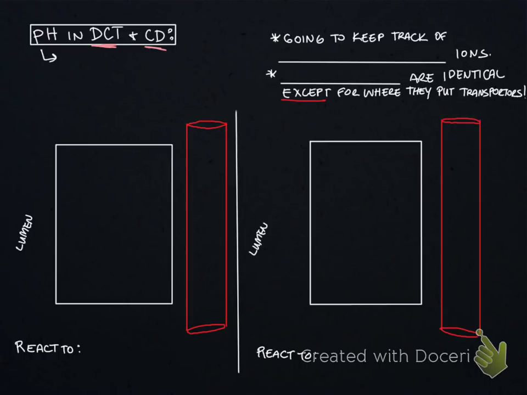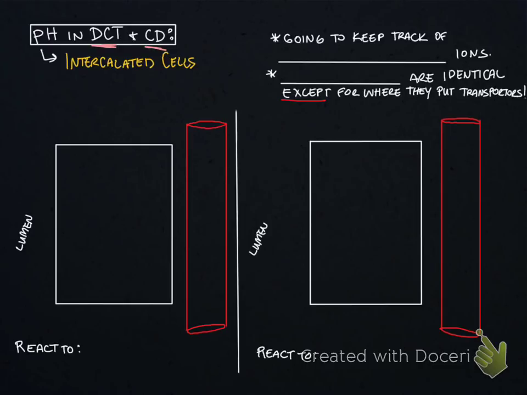Remember, those are the ones that were associated with hormones. Now these are what they call intercalated cells. The other ones were principal cells. These are intercalated cells of the DCT and collecting duct.